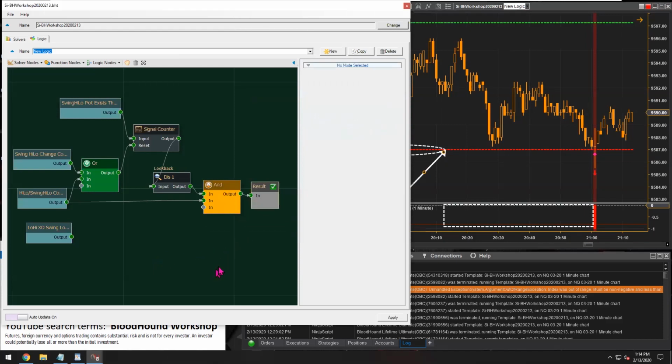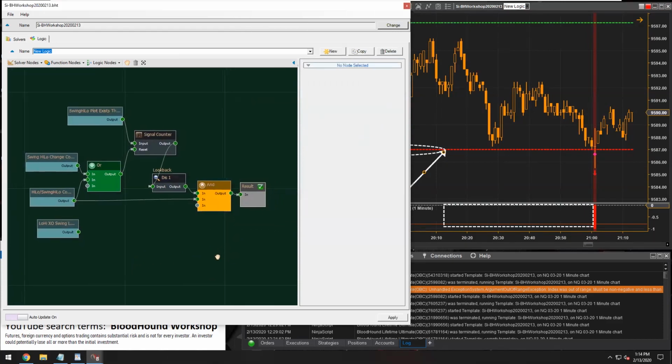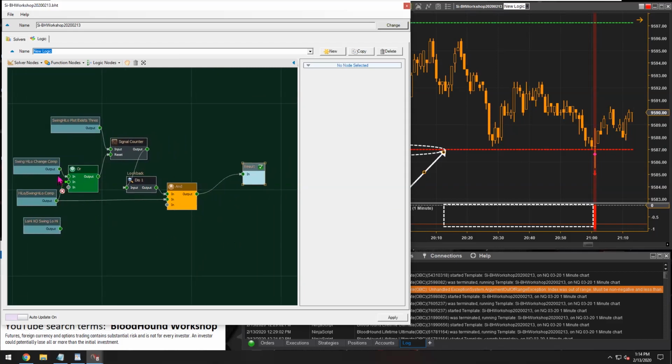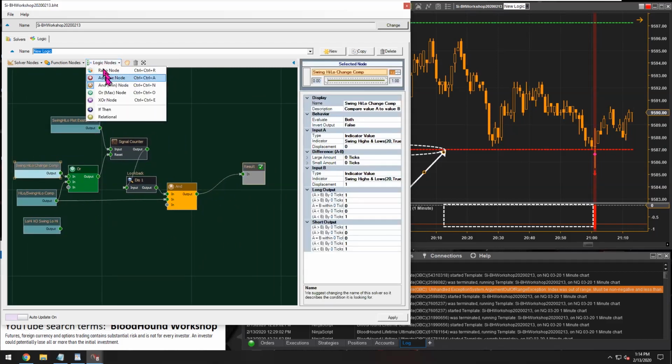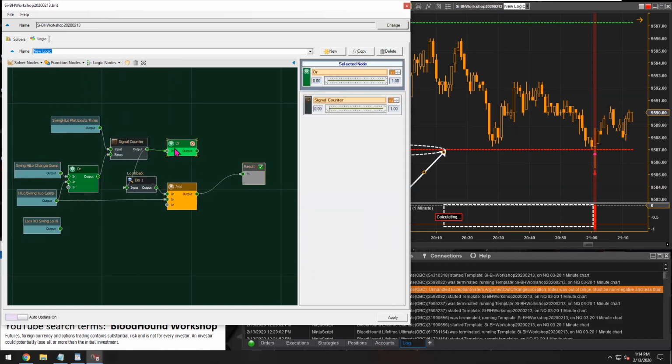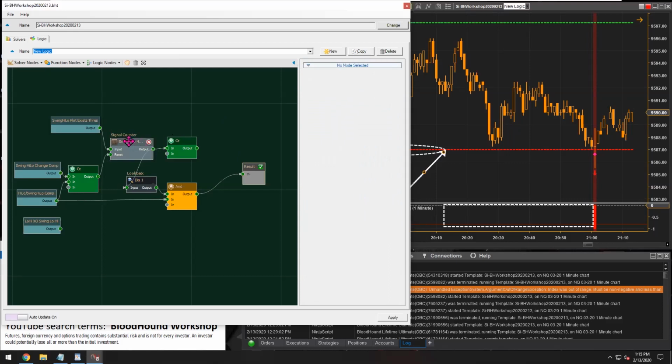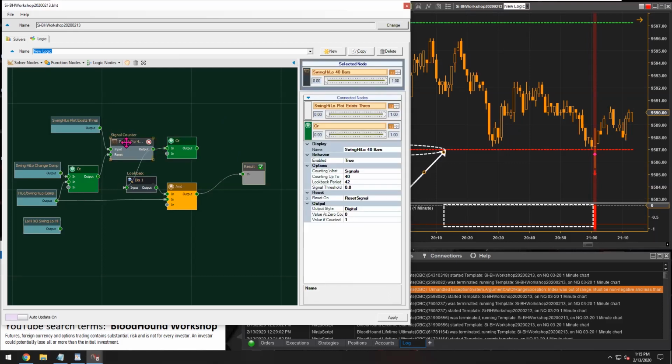And if we want some further information here, let's join this. Our signal counter is telling us that the swing low or swing high has been unbroken for 40 bars.